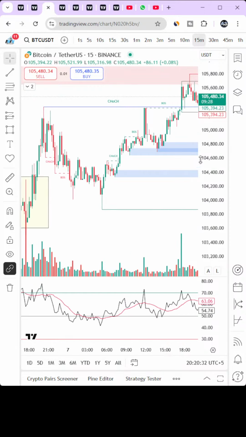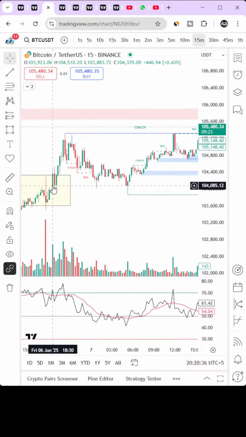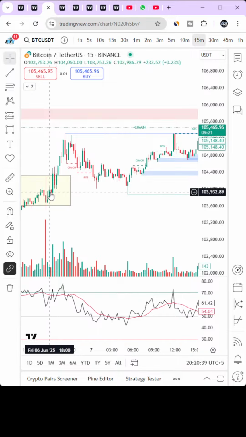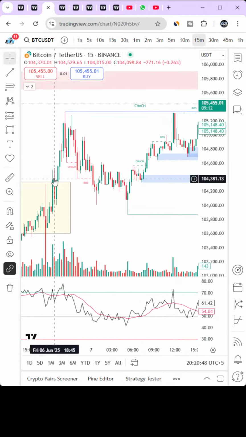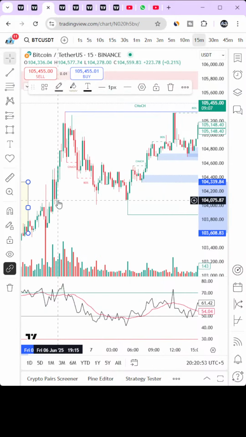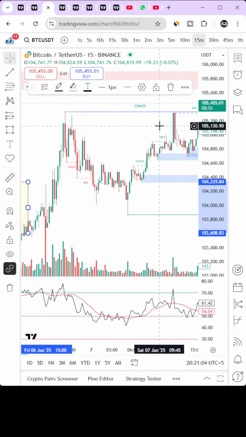Now see here, there was also an order block, and this was also a support level. Here the market created a huge range with so many ranging candles. After that, it decided to move to the upside.